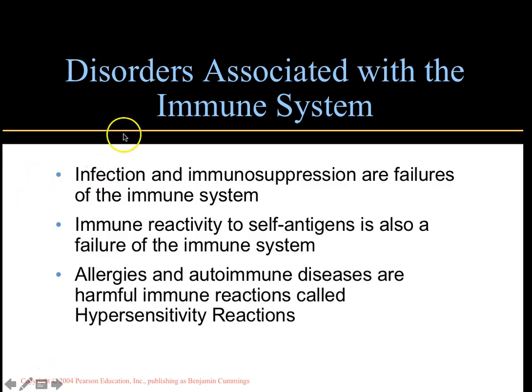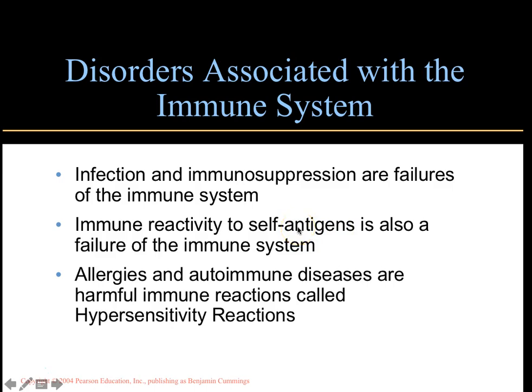So the disorders associated with the immune system, infections, and immunosuppression are failures of the immune system. So HIV is an acquired immunodeficiency. It basically is an immunosuppression of the immune system. Immune reactivity to self-antigens is also a failure of the immune system.